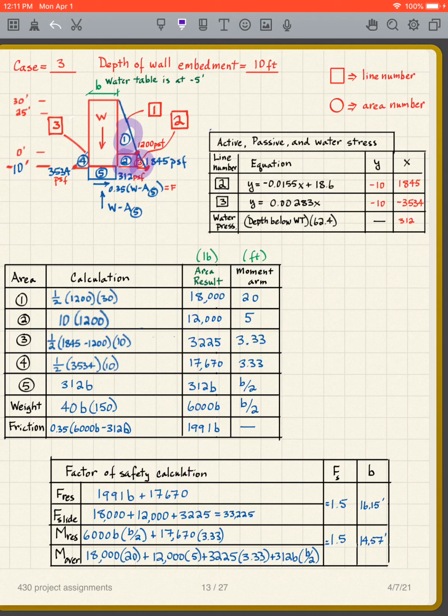Now we're given that we have to use a factor of safety of 1.5. So remember that the factor of safety, FS, is going to be the resisting force over the sliding force, and that's 1.5.